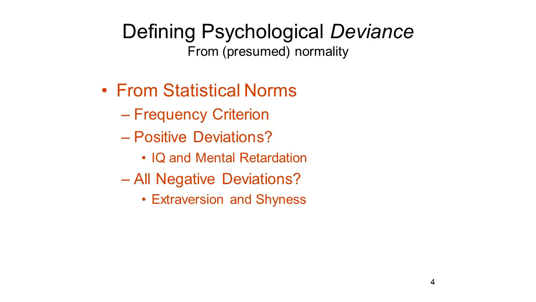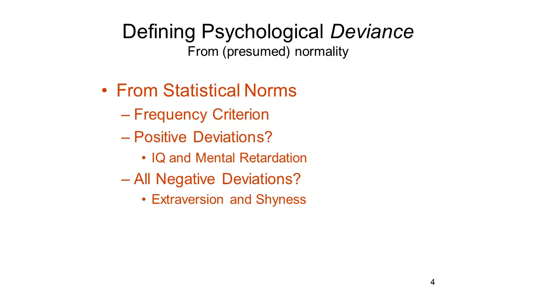This frequency criterion is certainly objective, but it has some problems attached to it, not the least of which is the problem of estimating population means for all the various mental characteristics on which people might deviate. But that's a practical problem. In principle, we can define deviance in statistical terms.